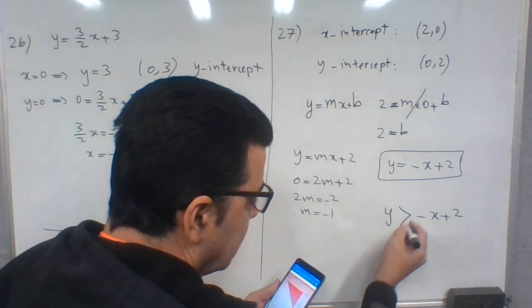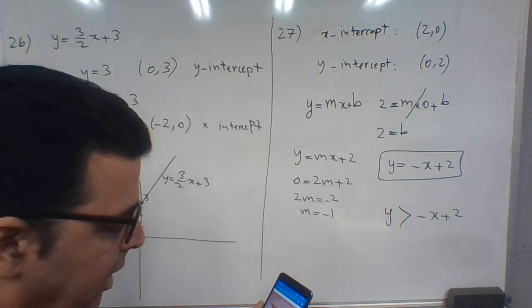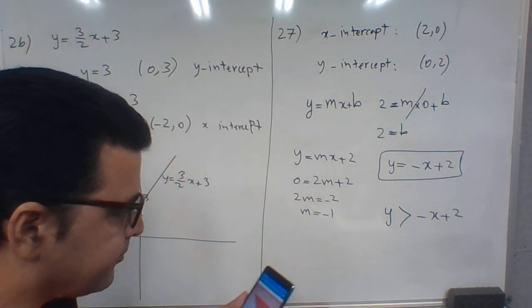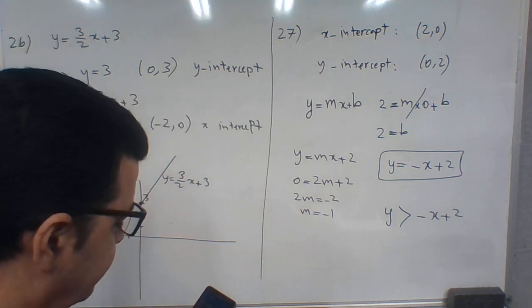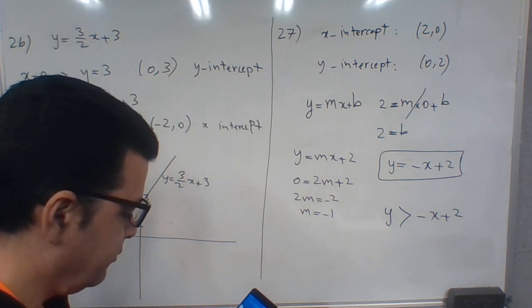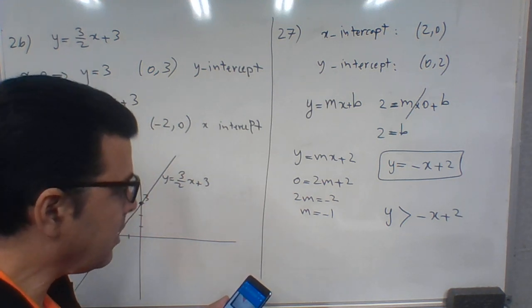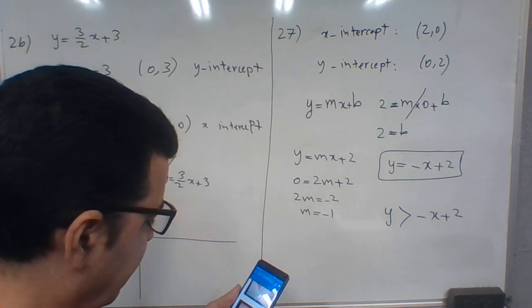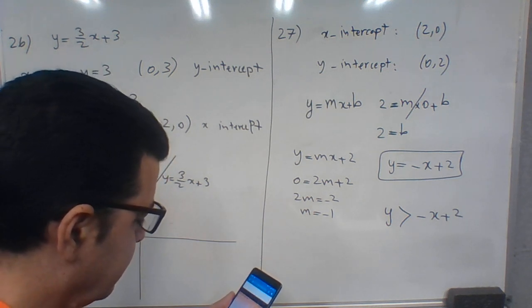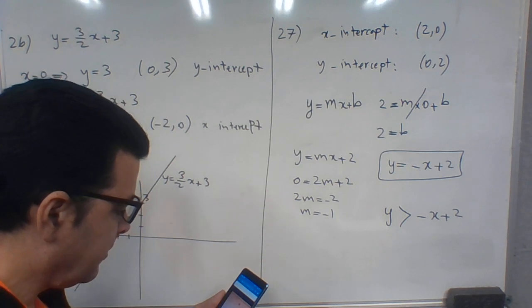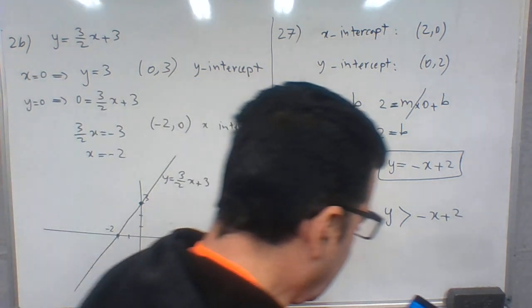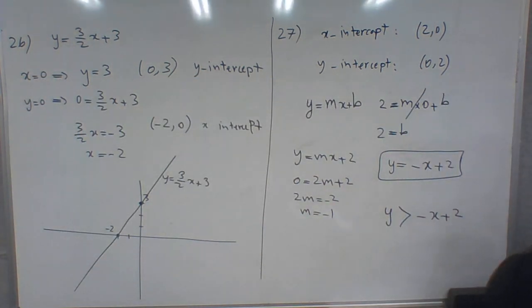It is not greater than or equal to, because the line is not fully shaded. Okay, this was problem number 27. Let's go to problem number 28.